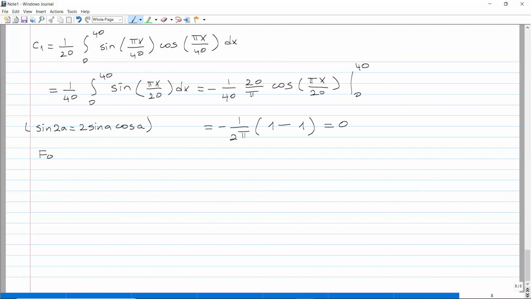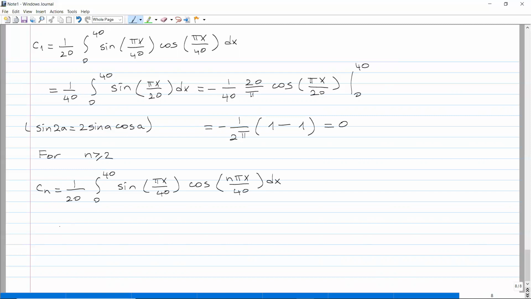All right, so for n greater than or equal to 2, Cn is 1 over 20, integral from 0 to 40, sine pi x over 40, cosine n pi x over 40. And I'm going to use the trig identity.